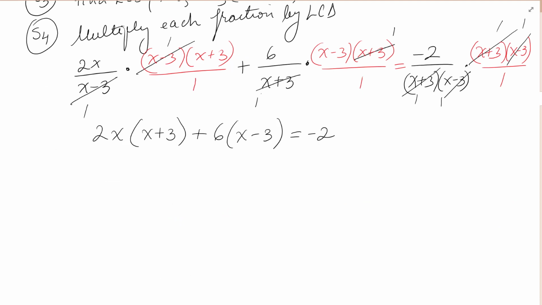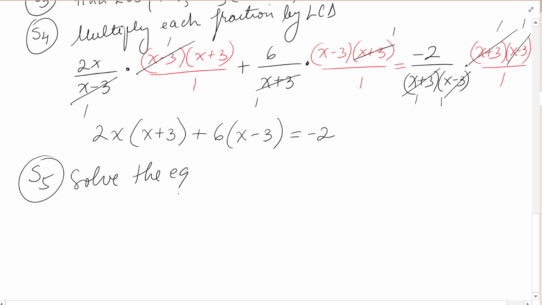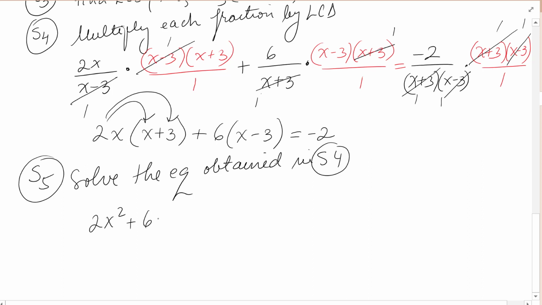So step 5, solve the equation obtained in step 4. So we have 2x times x, 2x squared, plus 2x times 3, 6x, plus 6 times x, 6x, plus 6 times negative 3, minus 18 equals negative 2.